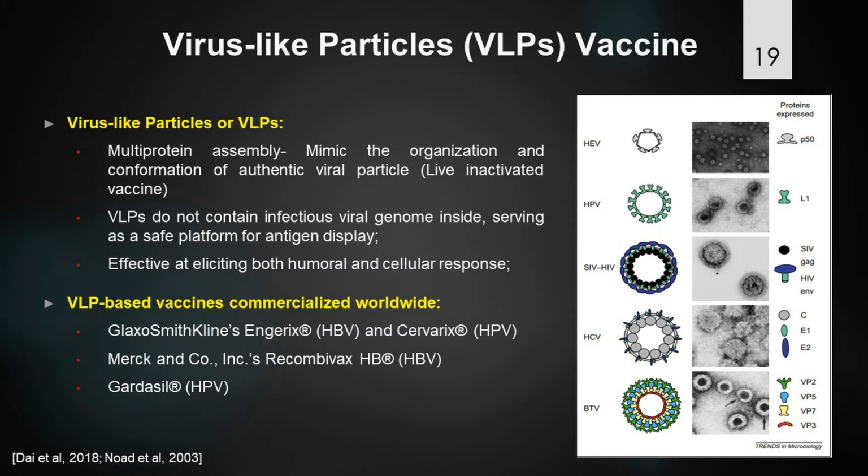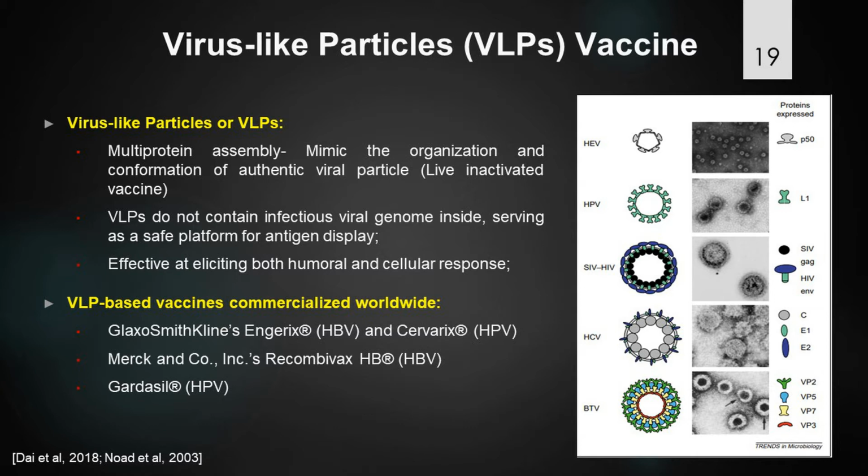As exogenous antigens, VLPs are efficiently taken up by professional antigen-presenting cells, particularly dendritic cells, followed by antigen processing and presentation by MHC class II molecules, DC activation and maturation through upregulation of co-stimulatory molecules and cytokine production, and stimulation of CD4 T helper cells, leading to the induction of a strong humoral and cellular immune response.